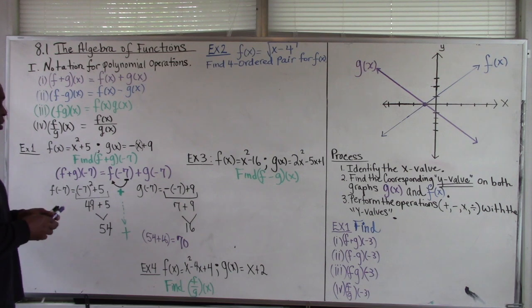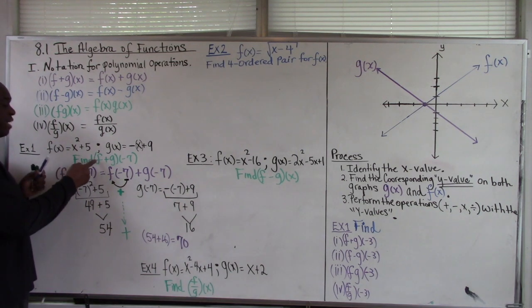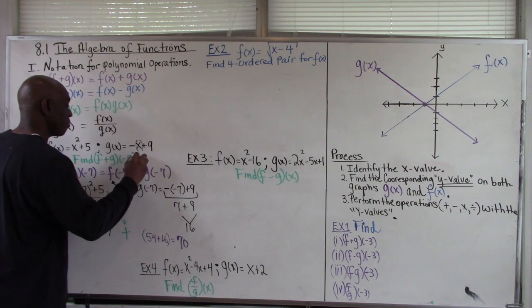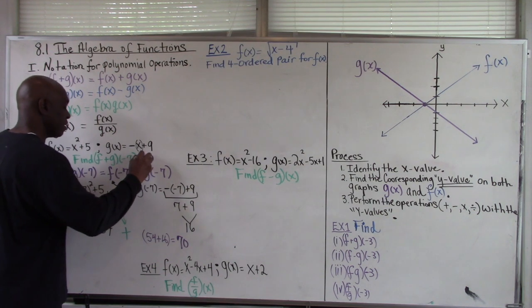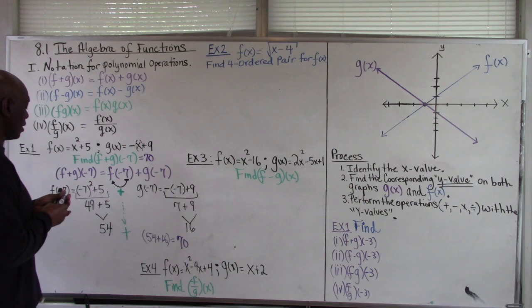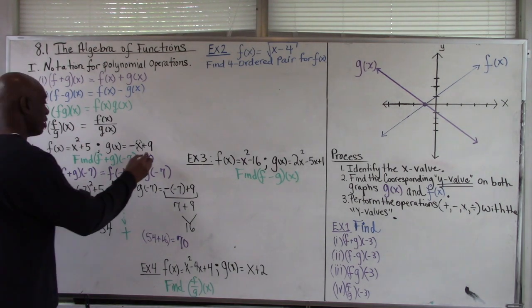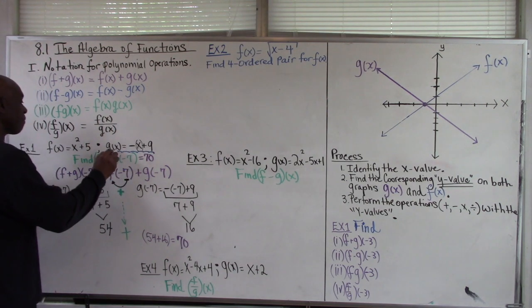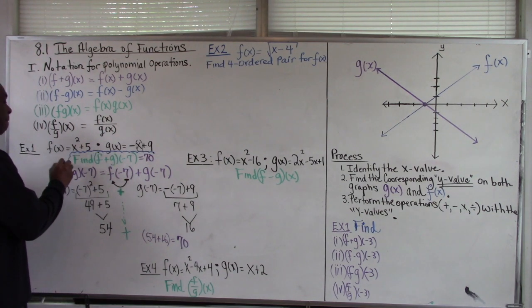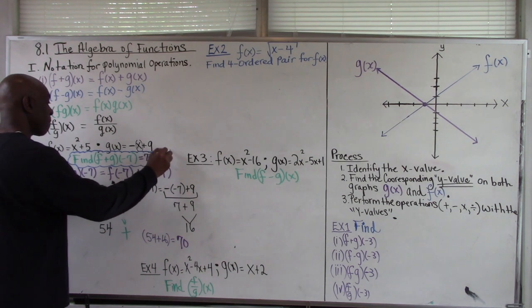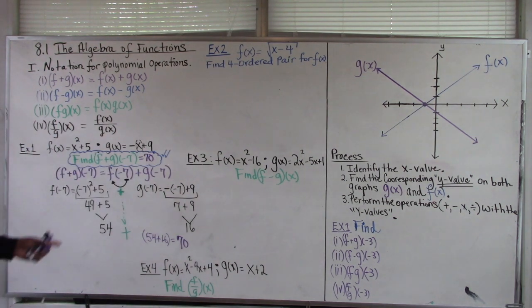So therefore, I can go back here where it says find f plus g of negative 7. That simply equals 70. And we're done. That's it. Here's our answer. That's how you do it.